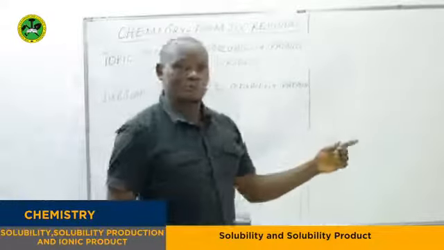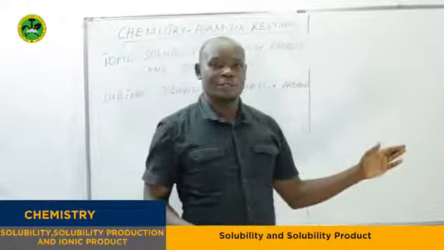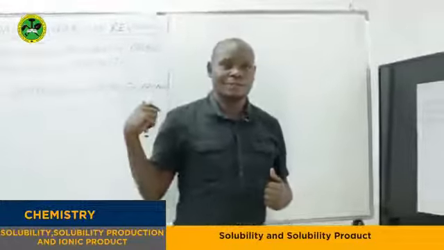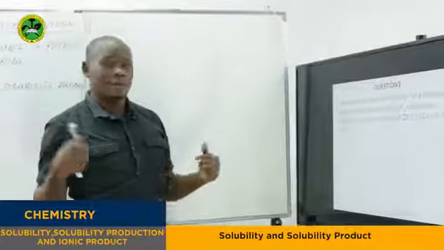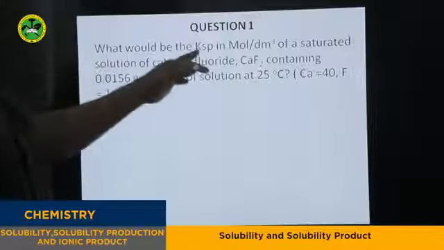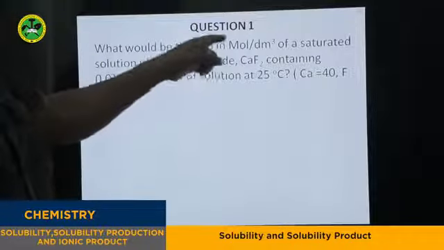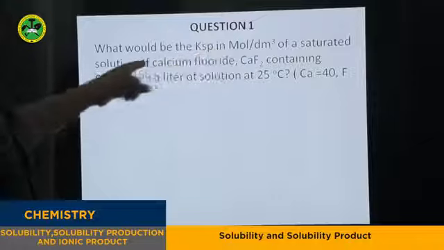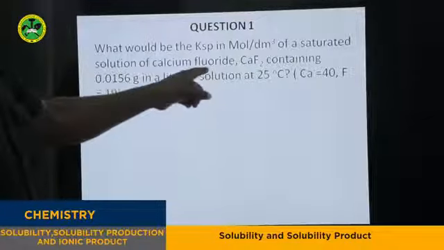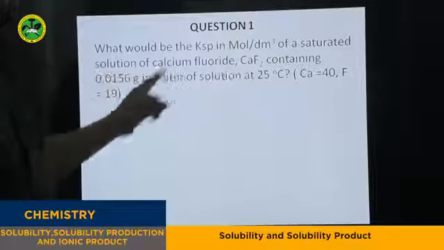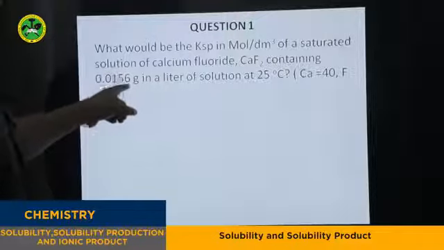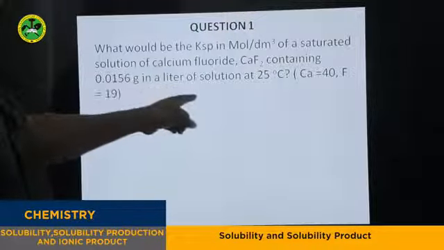Welcome back now to solving some of the questions that we need to consider in this subtopic that you have discussed. The first question is: what would be the Ksp in moles per decimeter cubed of a saturated solution of calcium fluoride, containing 0.0156 gram in a liter of solution?